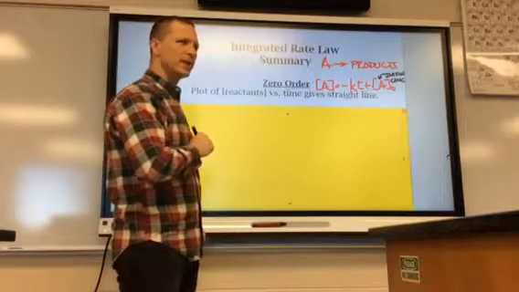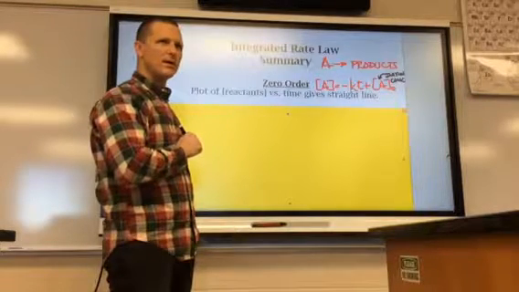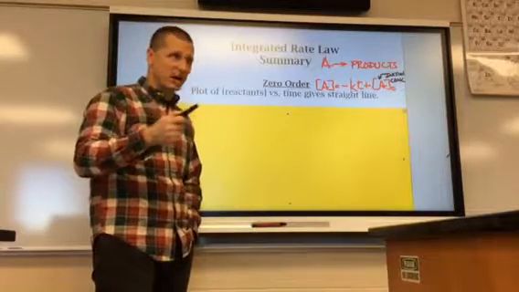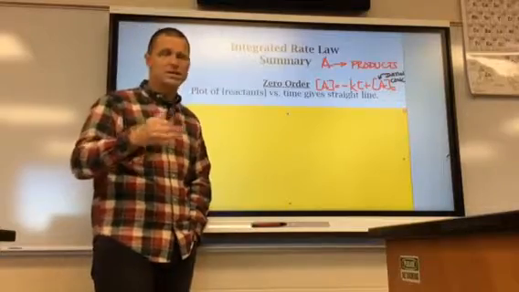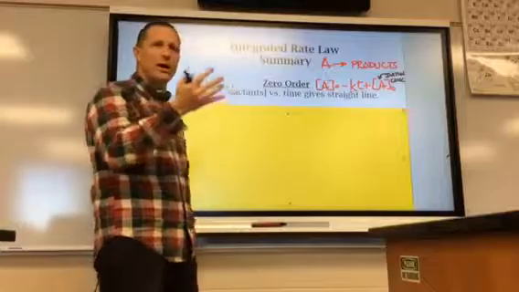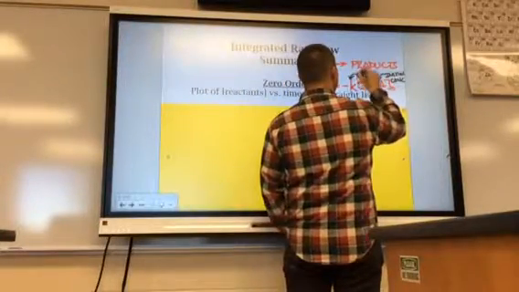The k, remember what the k stands for? The constant. Yes, it's the rate constant. It's the rate constant that tells how fast the reaction is. If k is big, it's a fast reaction. If k is small, it's a slow reaction. The magnitude of that term right there is what we know of as fast or slow.